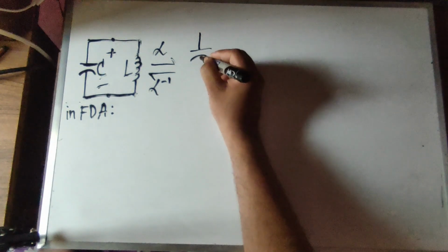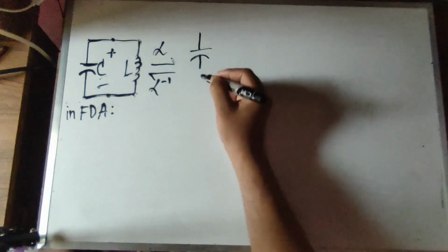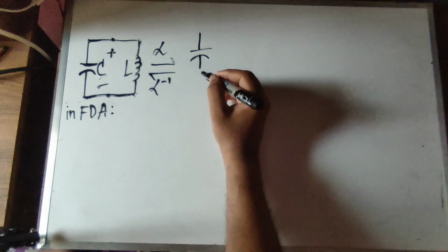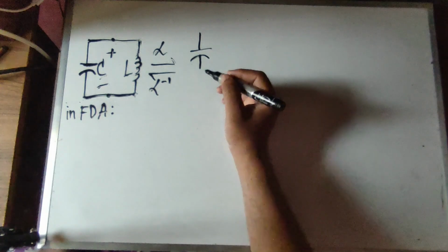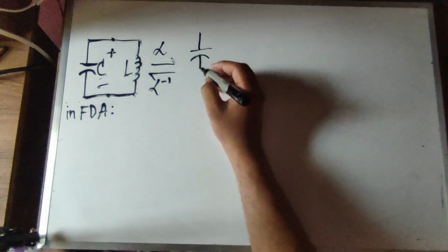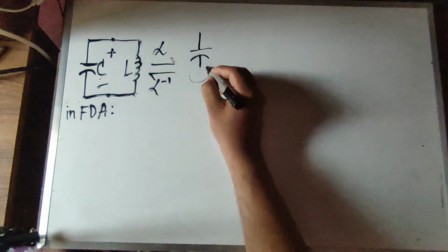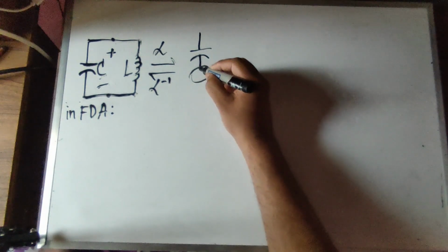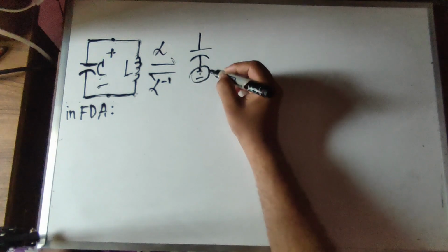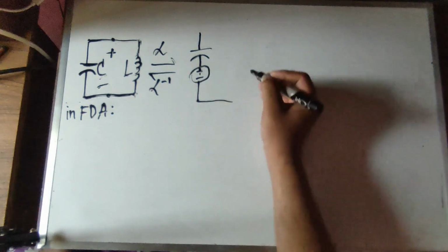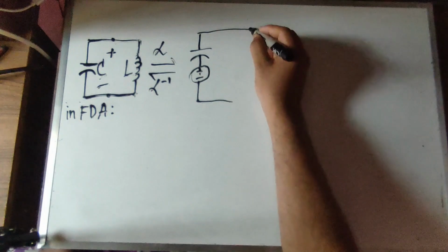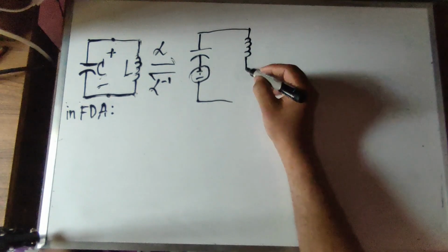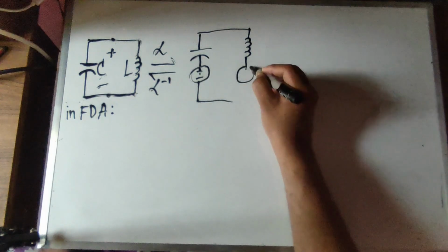This is a capacitor with initial voltage and an inductor with initial current.